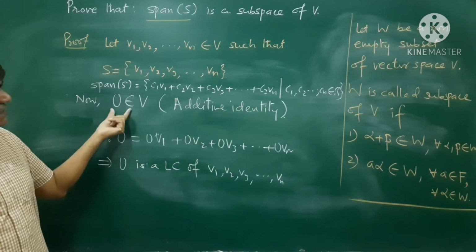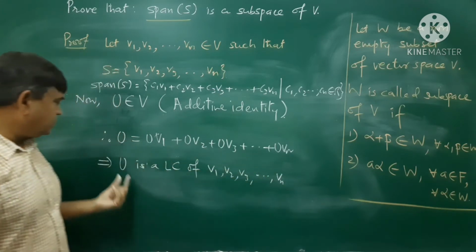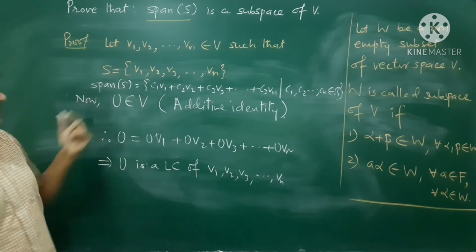Now we know the zero vector is a member of V, and it can be rewritten like this, so it is a linear combination, that means it is a member of span S.